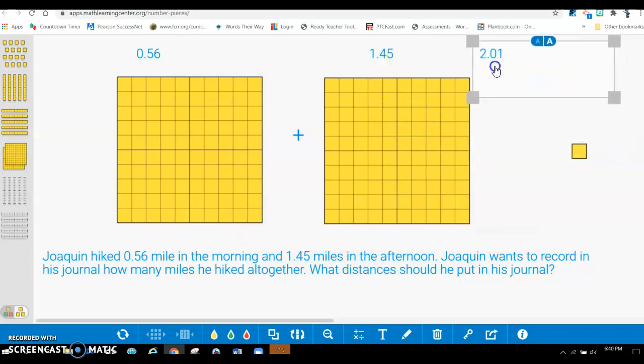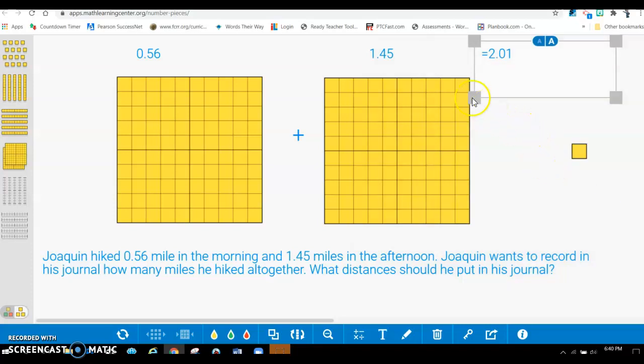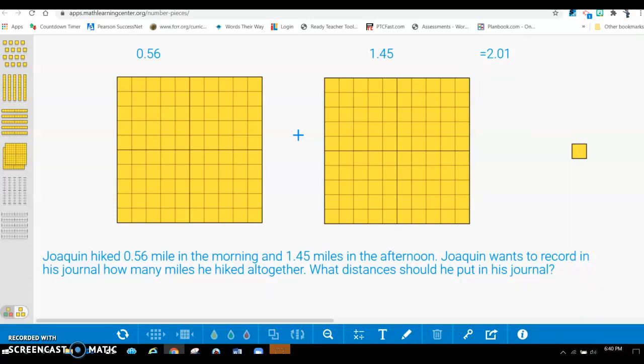Let's put that over here. Equal. So Jaquan hiked 2 and 1/100ths of a mile on that day. And here's our answer.